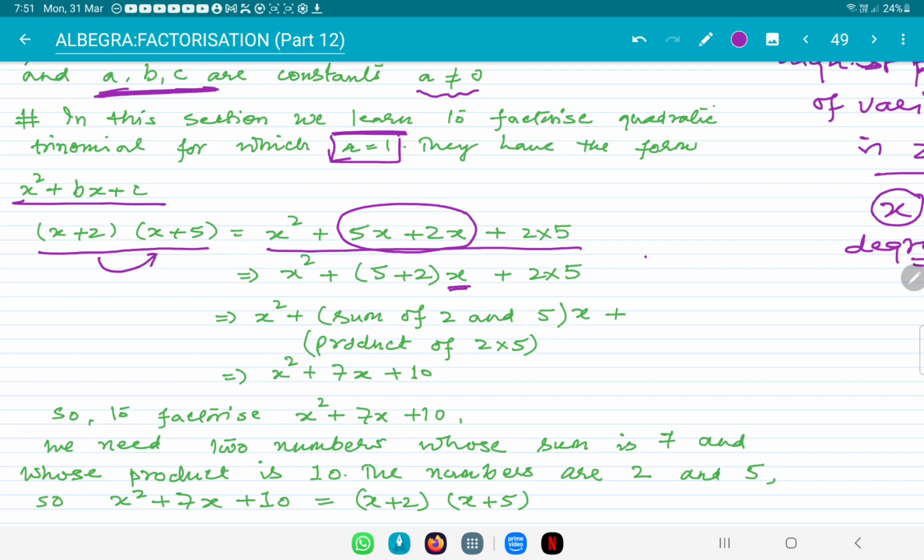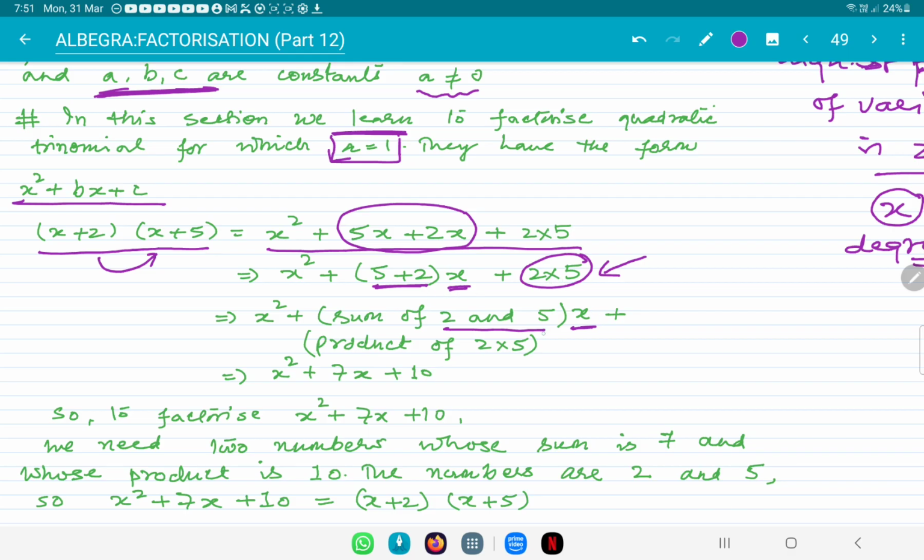I am doing this purposely so that you can easily understand what is sum and what is product. So 5 plus 2 is the sum of 2 and 5, multiplied by x, and here it is the product of 2 and 5.